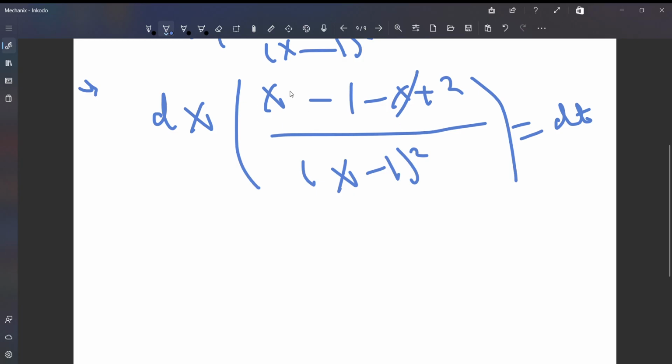So this cancels out and we get dx equal to dt into x minus 1 whole square.